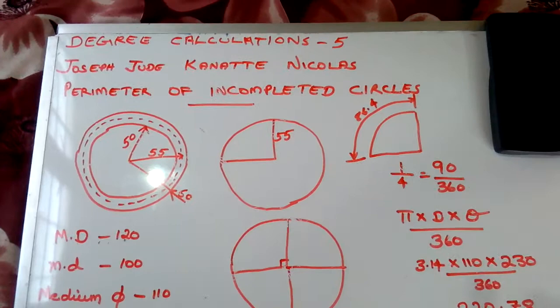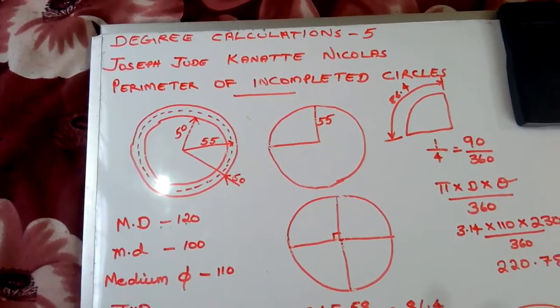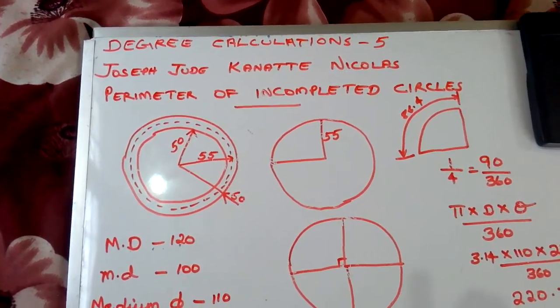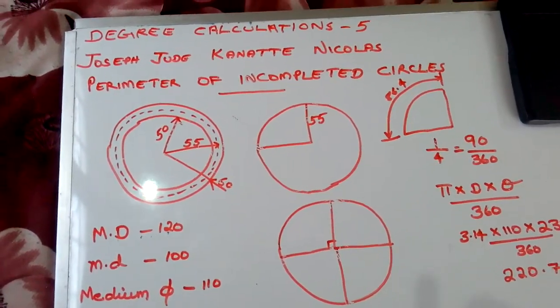At that time I told you it shouldn't be major diameter and it shouldn't be minor diameter, and it has to be medium diameter. What does the word medium diameter mean?